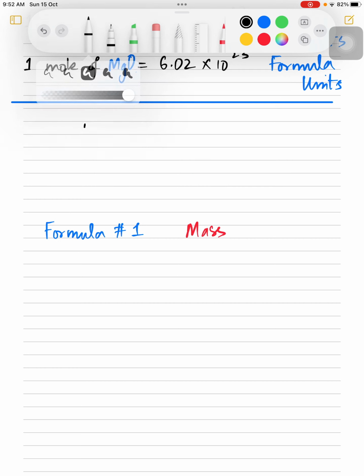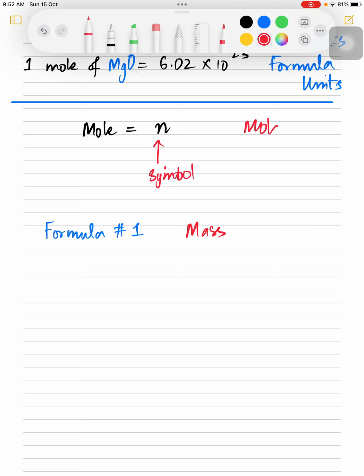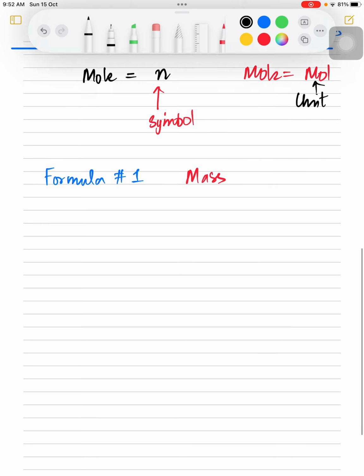The symbol of the mole is a small n. This is the mole symbol. And the unit for the mole is mol. I hope it's clear. Okay, moving on.